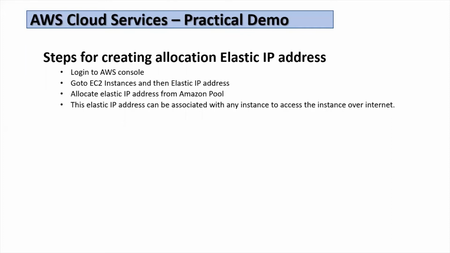Let's first see how we can allocate an elastic IP address. We will log in to the AWS console, go to EC2, then Elastic IP addresses. Then we will allocate one public IP address from the Amazon pool, and this elastic IP address can be associated with instances to access them over the internet.